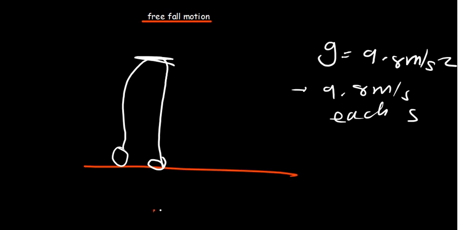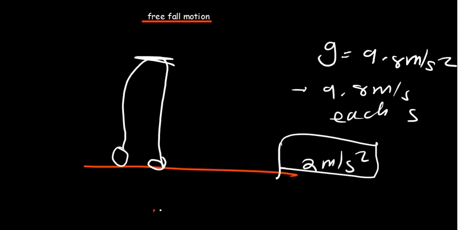What does this mean? When we say a car is moving with the acceleration of, let's say, 2 meters per second squared, the meaning of this is that the car's velocity is increasing by 2 meters per second in every second. So in every second, the speed is going to be increasing by 2 meters per second.